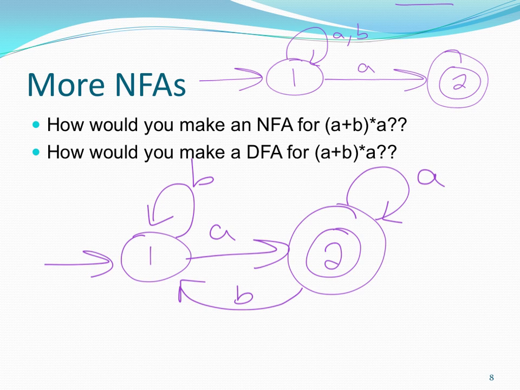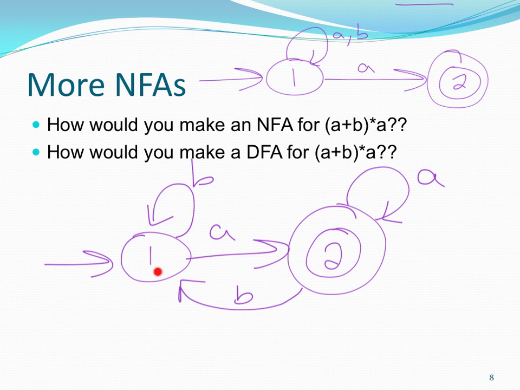We could analyze this by saying state 1 represents: I haven't seen anything yet, or the last thing I saw was a B. Whereas state 2 represents: how do you get to state 2? Well, you get to state 2 if the last thing you saw was an A. So state 2 is always going to be an accept state.